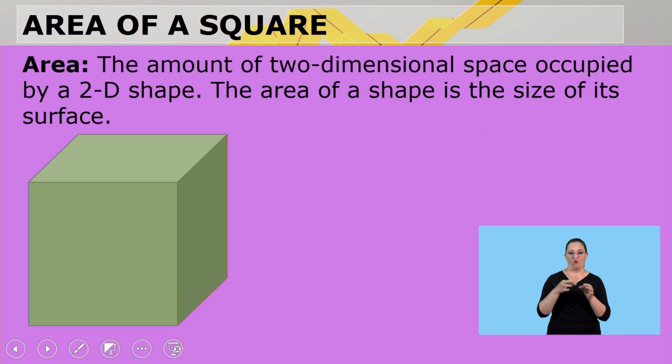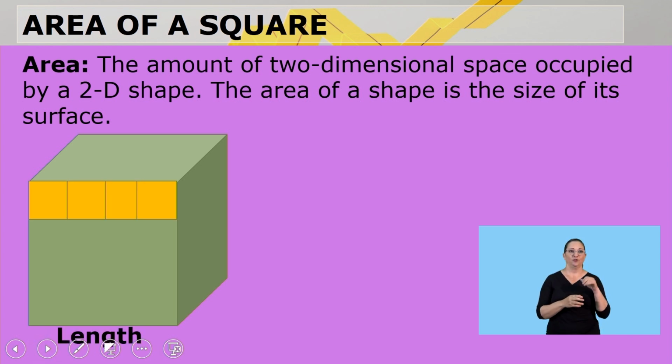Now, when we look at the area of a square, remember, area is the amount of 2-dimensional space occupied by a 2D shape. The area of a shape is the size of its surface or the base. So what's going to happen is we are tiling the base.